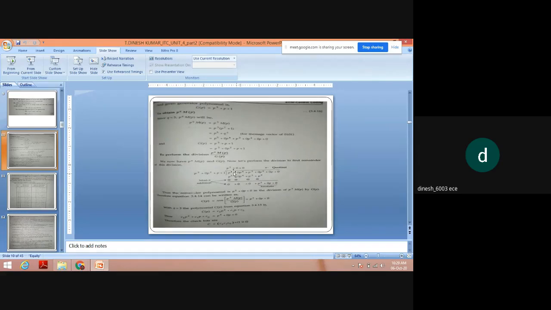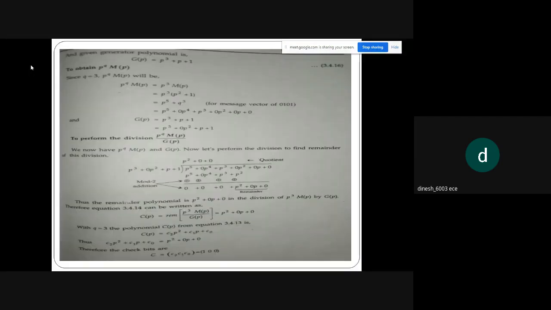in the division itself, these two are similar. x power 5 and x power 5 are similar. So same inputs. If same inputs are there, the conclusion is that there is no error. For example, if x is x power 5 and y is x power 5, will you get an error?